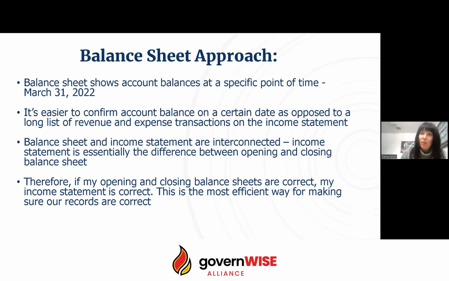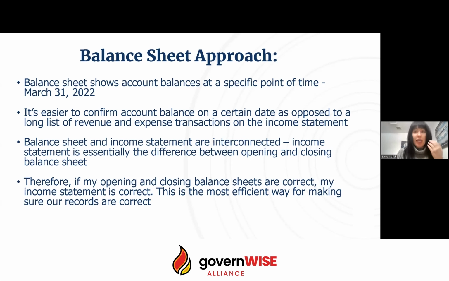So reconcile my bank to a bank statement. If I have an investment in the markets or a GIC investment, it's easy to confirm the balance as of March 31st. All I have to do is compare the balance in the books to the statement from the investment manager or from the bank, right, for a GIC.